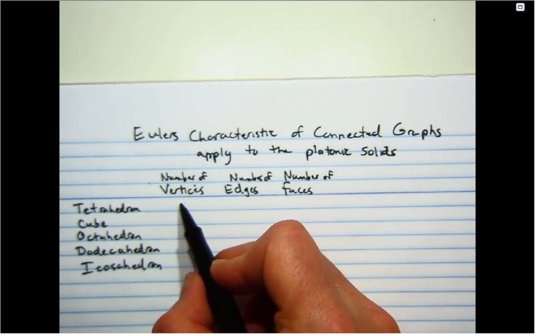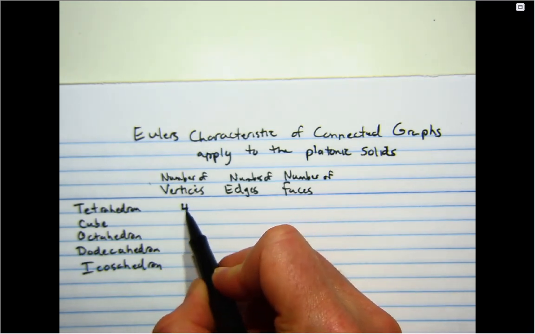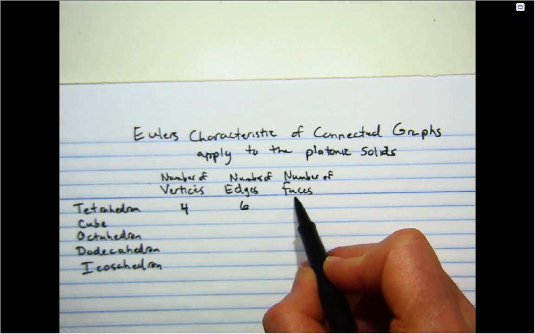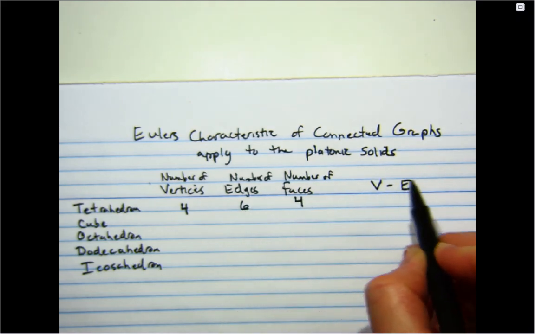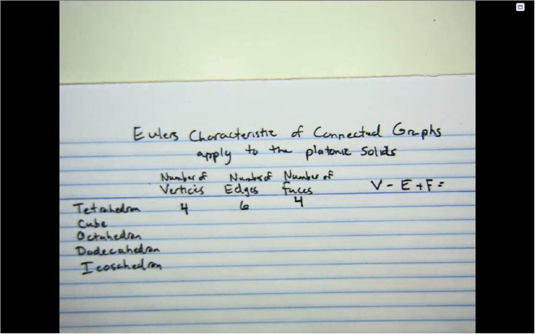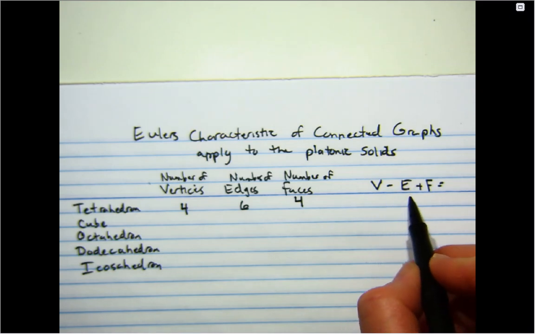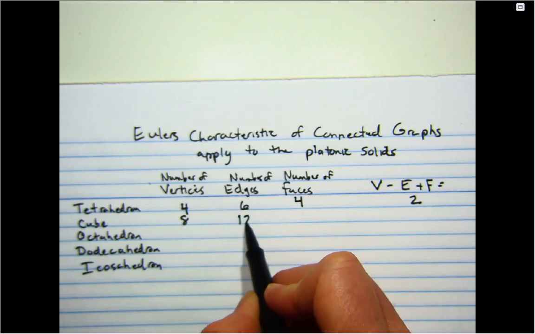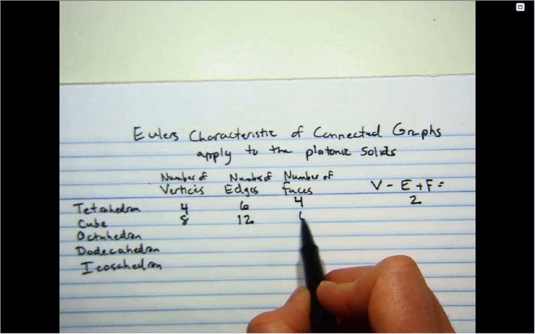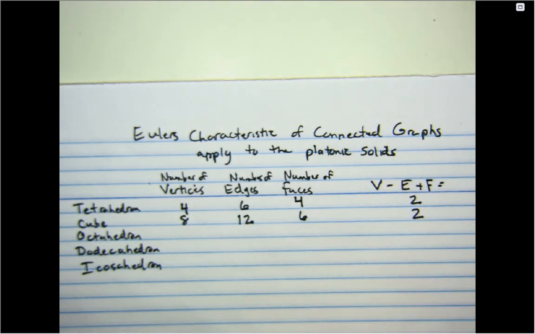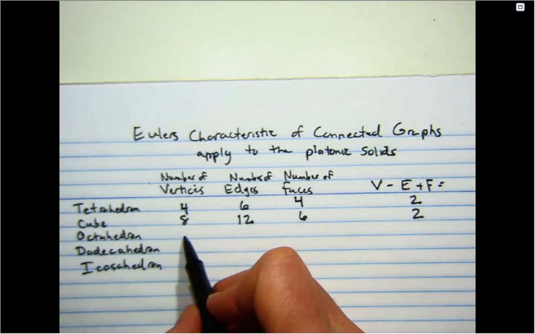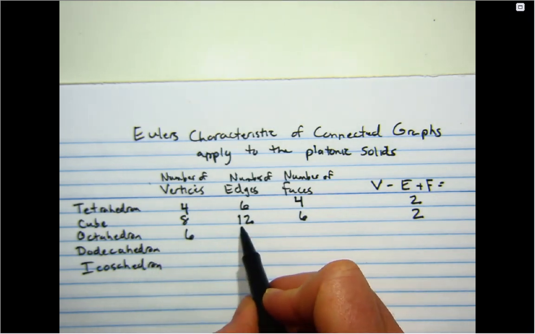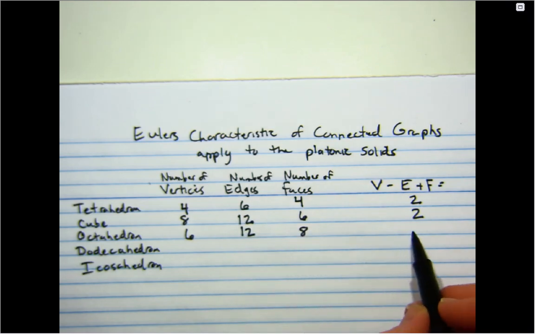So the tetrahedron had 4 vertices, 6 edges, 4 faces. So V minus E plus F equals 2. The cube we just looked at, 8 vertices, 12 edges, 6 faces. V minus E plus F is 2. Octahedron had 6 vertices, 12 edges, 8 faces.